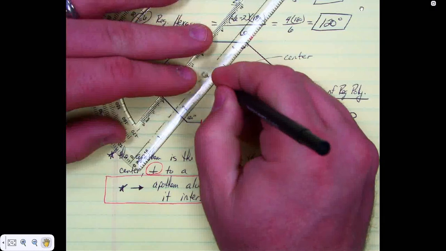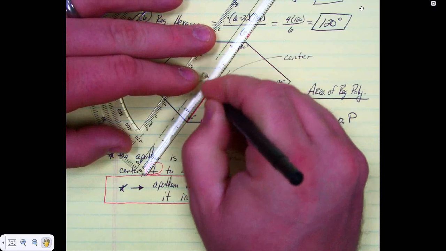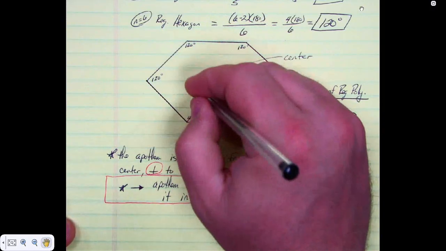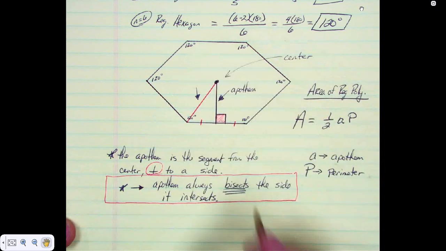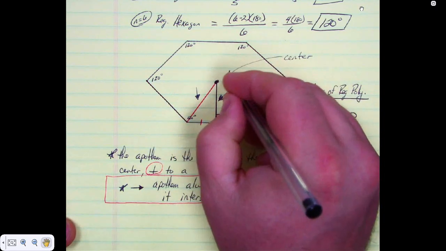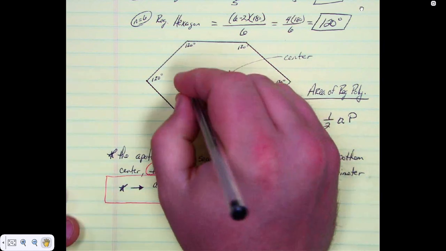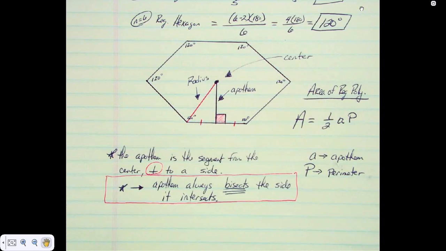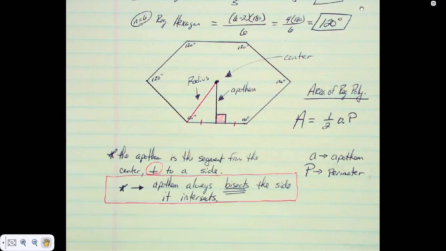This segment right here, from the center to a vertex. You know what it's called? It's actually a word you've heard before. It's called the radius. If you had a circle that went around it, this is where the circle meets the points.